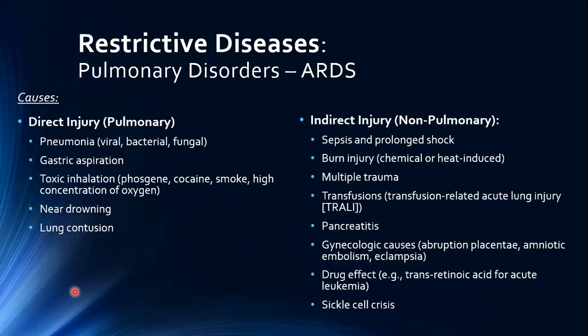And then sickle cell. Some of your sickle cell patients that go into a sickle cell crisis can, if we don't get a hang on it, lead to ARDS, which is acute respiratory distress syndrome. And all of this keeps the lungs from doing what you want them to do, so they're considered a restrictive disease.